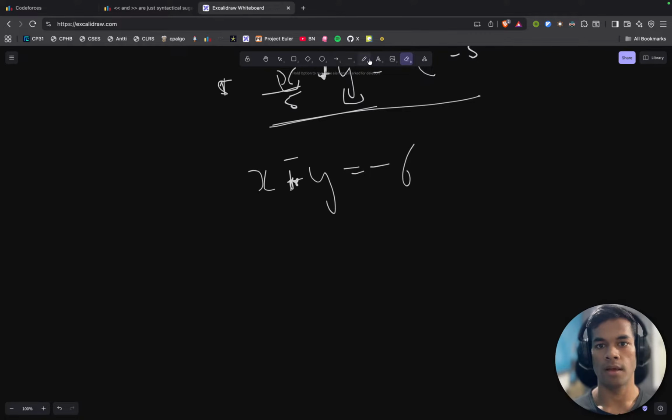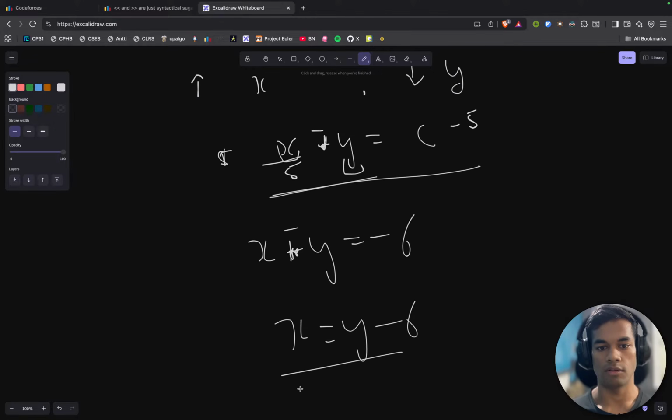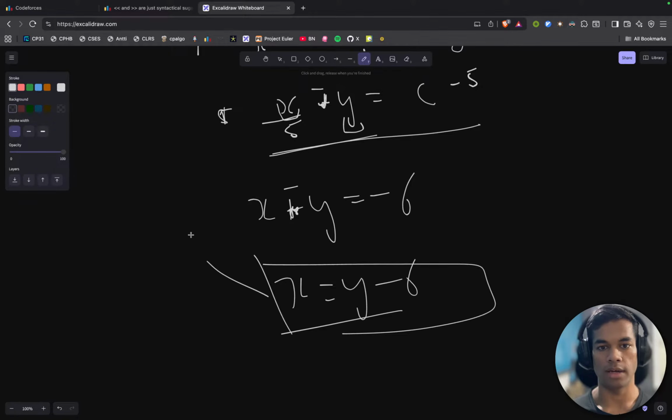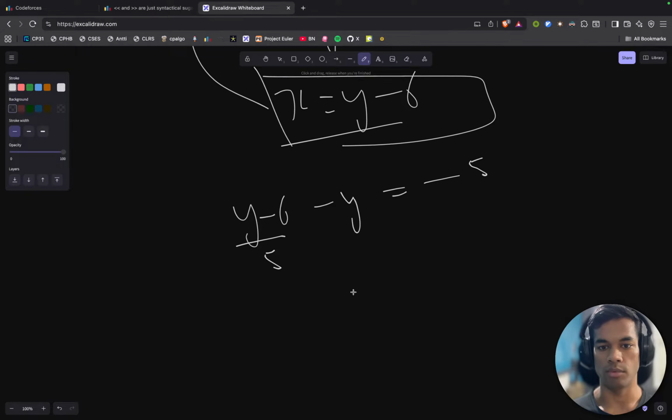Then we can say x equals y minus 6. This is the value for x. We can plug it here, and we will have y minus 6 divided by 5 minus y equals -5. That is the total contribution.